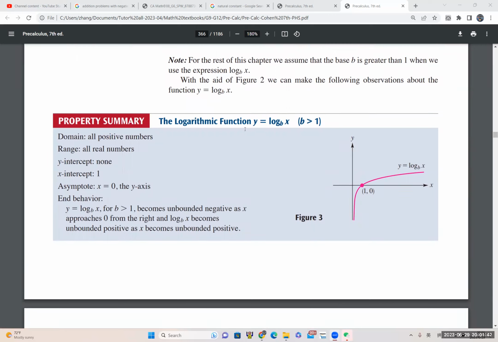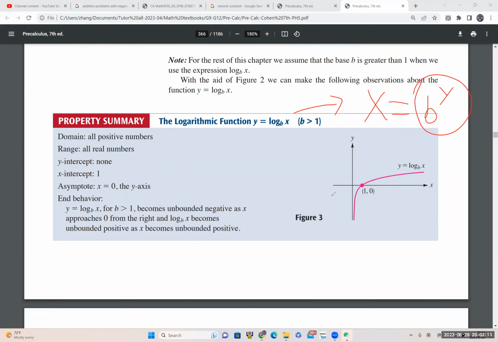Then we get its graph. Domain: all positive numbers. If you are confused here, you can just convert it back to exponential form. So again, we have x equals b to the y. Remember we mentioned for the exponential function, its range is always greater than 0.